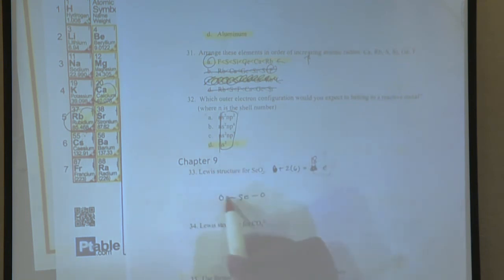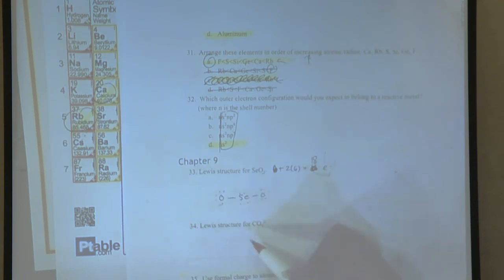And most people would try to give everything a complete octet like this, right? So this would be 1, 2, 3, 4, 5, 6, 7, 8, 9, 10, 11, 12, 13, 14, 15, 16, 17, 18, right? But then oxygen doesn't have a complete octet here, right? That's the first problem that we run into.